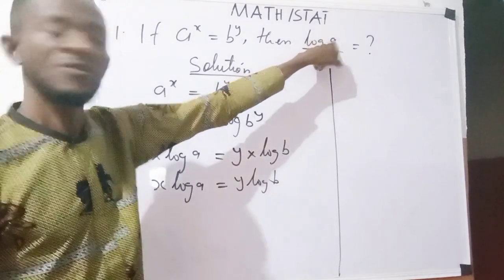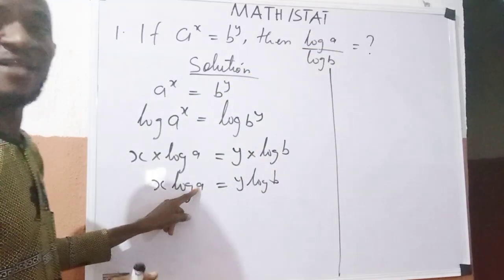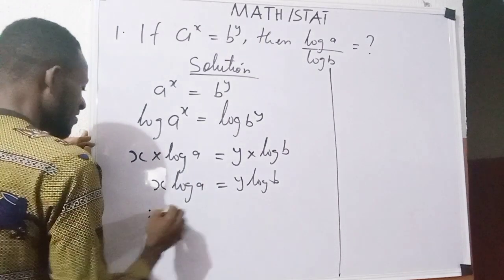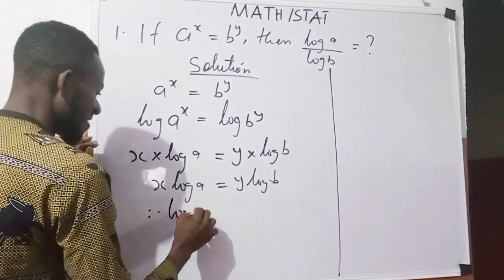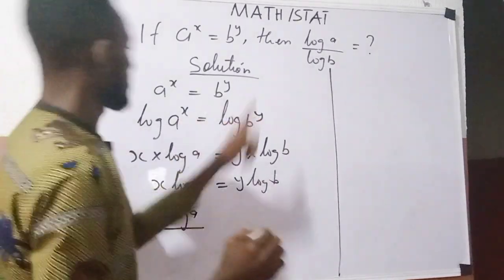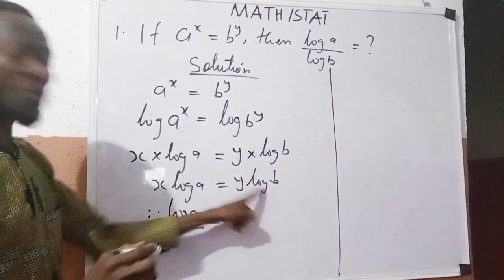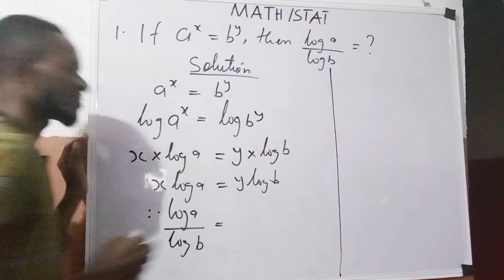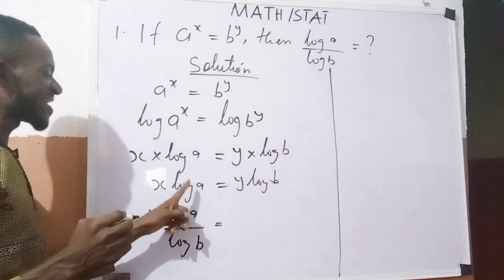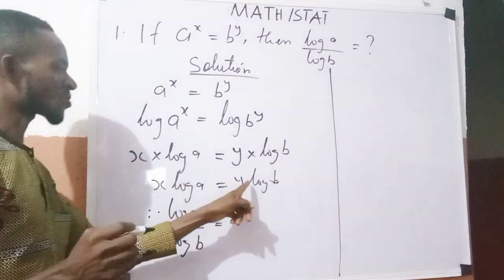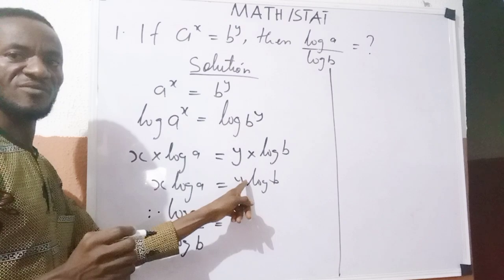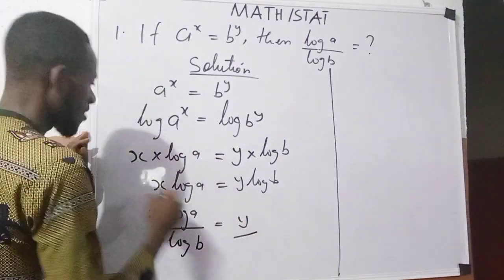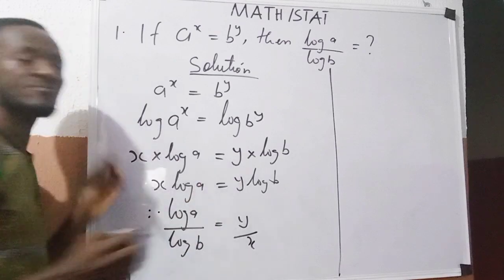Log a. So, meaning that I'm going to take first this log a. I'll say, therefore, this my log a all over log b equals, because I started taking here first, I must come and take this place, y all over x.